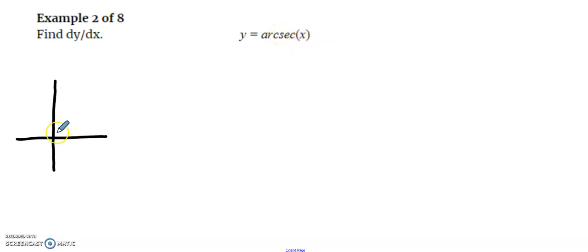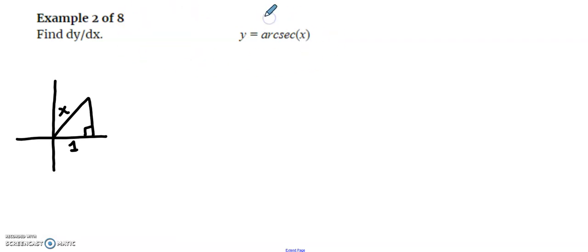I'm going to draw a triangle in either the first or second quadrant, because secant goes with cosine. Draw a triangle where my hypotenuse over my adjacent is x, so x over 1. Because again, if cosine is adjacent over hypotenuse, then secant is hypotenuse over adjacent. So x over 1. Cool.